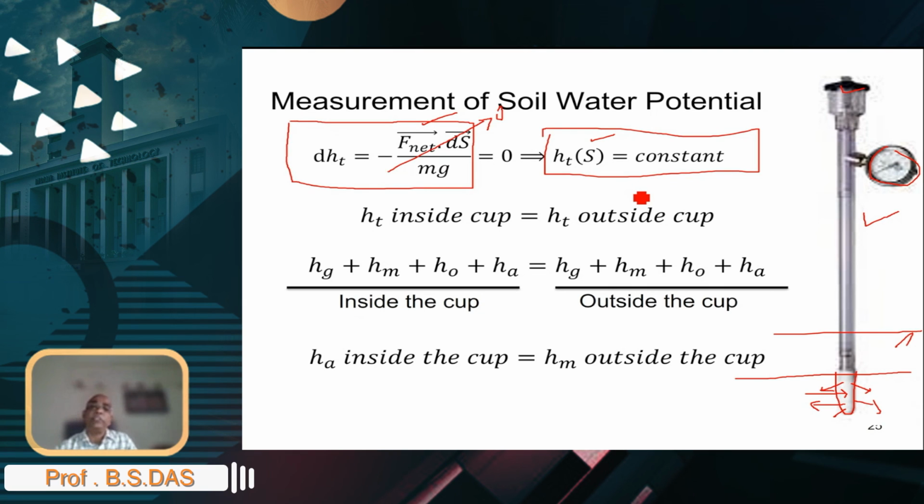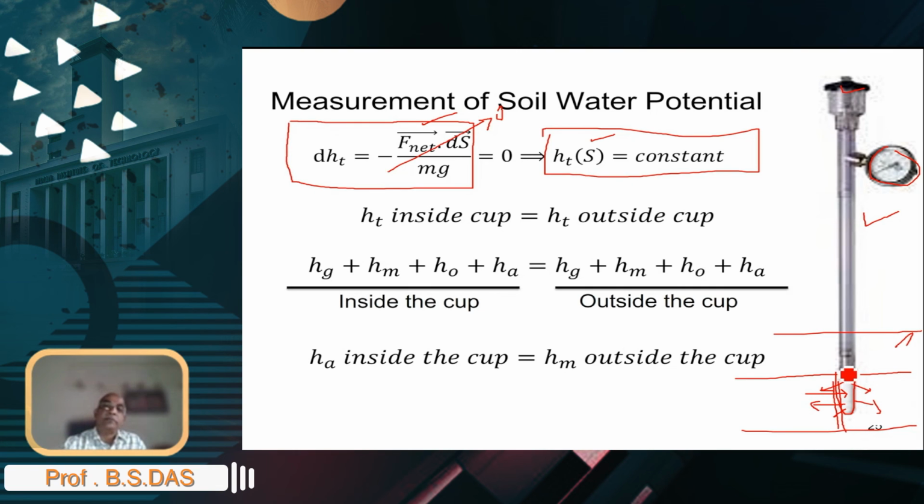So this means if you select 2 points at equal height, one point here, another point up here, so that the gravitational head gradients are equal because they are at the same height. No matter where you draw a reference potential, the height of this point and the height of this point are the same, right?